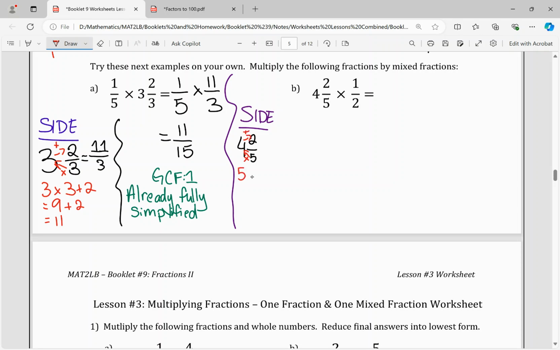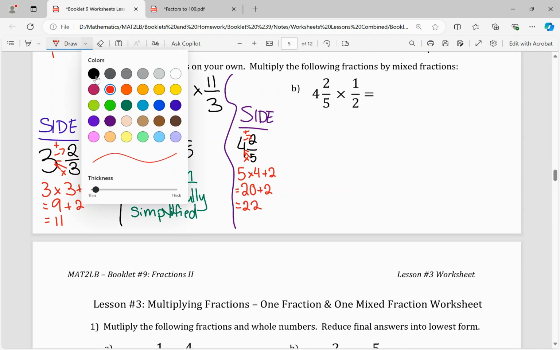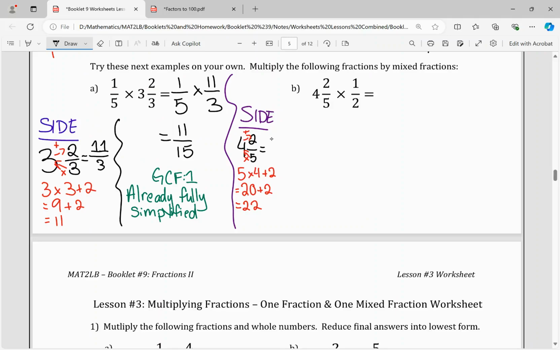So that's going to be 5 times 4 plus 2. Now 5 times 4, use a calculator or your head, but that is going to equal 20. And then 20 plus 2 is equal to 22. Meaning we can rewrite this improper fraction as 22 over 5.